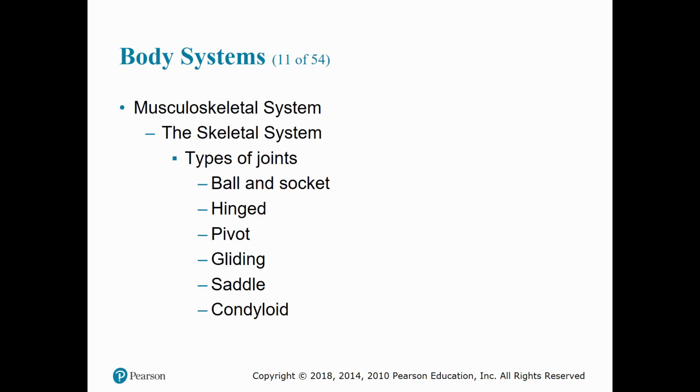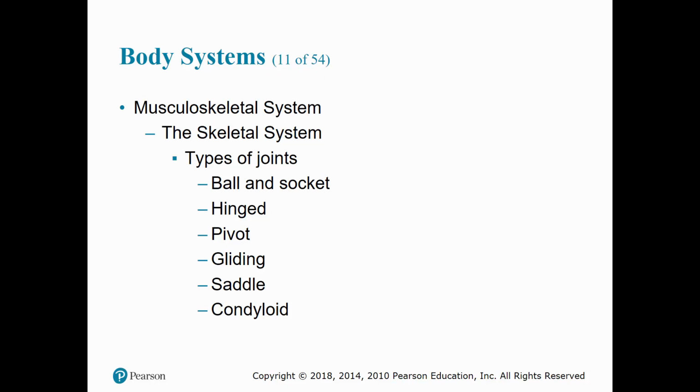Saddle joints allow limited movement. For example, the ankle allows the foot to turn inward slightly as it moves up and down. A condyloid joint is a modified ball and socket joint that permits limited motion in two directions, such as the wrist.